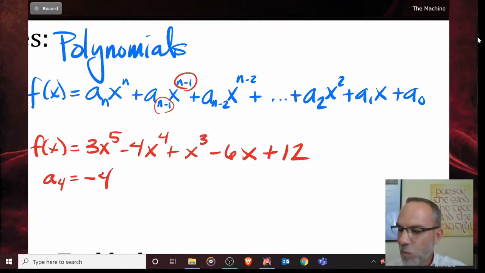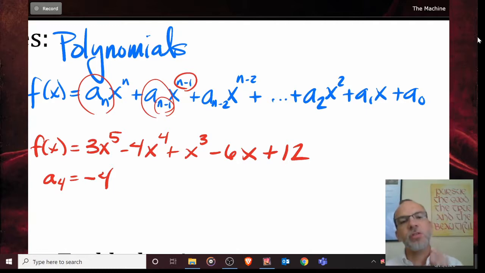It's just a way to pair up and to tell me which coefficient you're talking about. This a sub n and this a sub n minus 1, those are just the coefficients on those x terms. That's all they are. And the little subscript there is a way to connect which one you're talking about. So what if I said a sub 5?